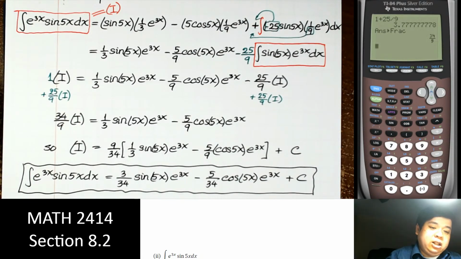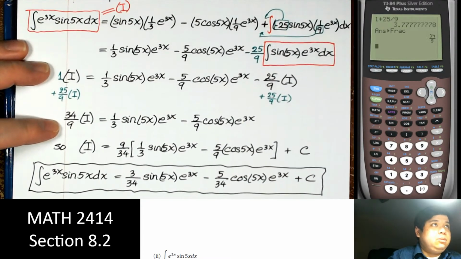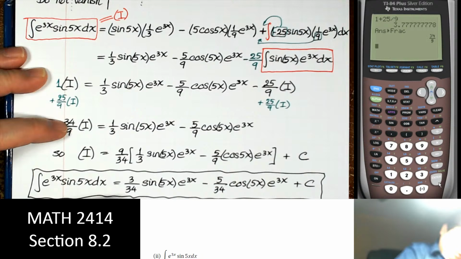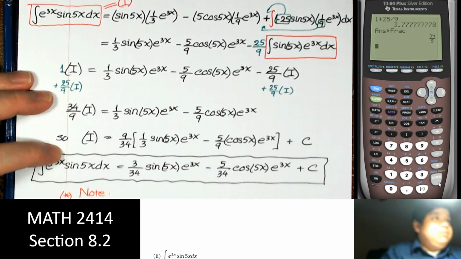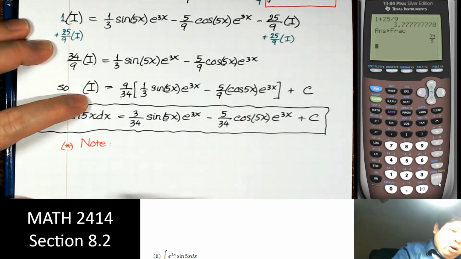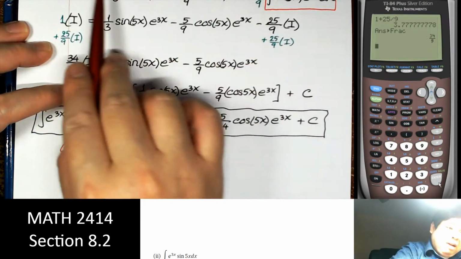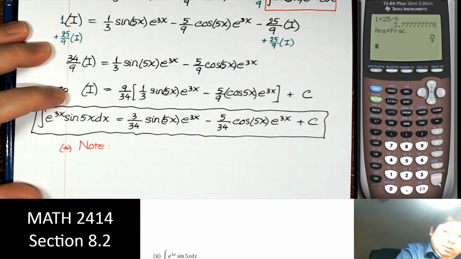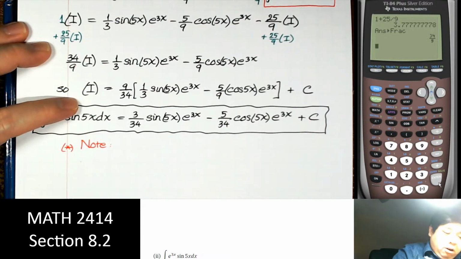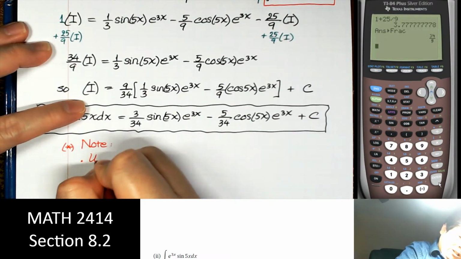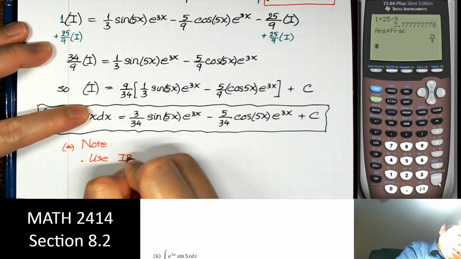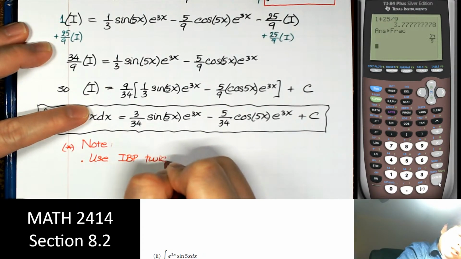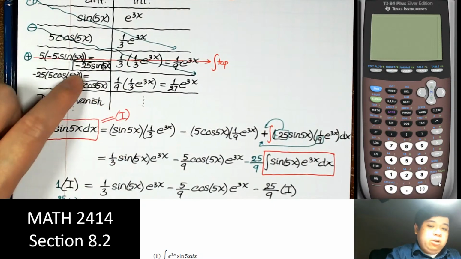So a few things to note here. We use integration by parts, and it will be the same terms after 2 steps. For this kind of problem, use integration by parts twice, meaning that after 2 diagonals, it will get back to the same thing.